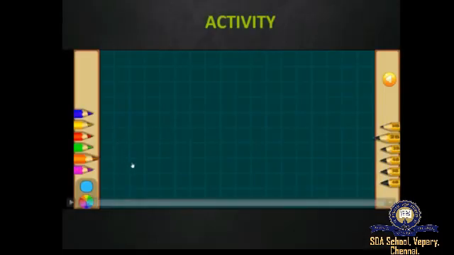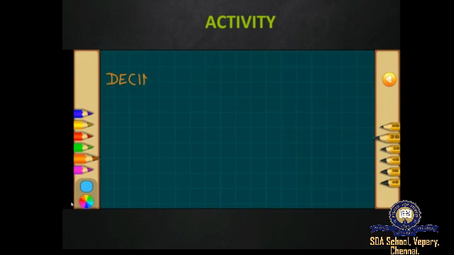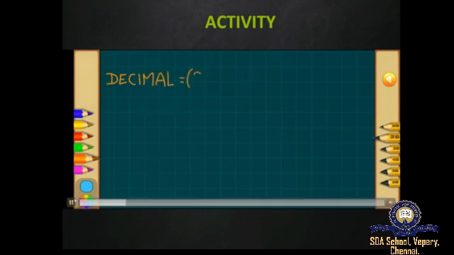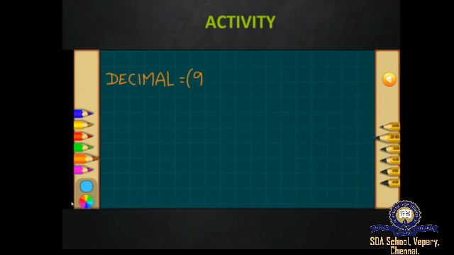Now, let's start from the decimal number system. In decimal, we have 10 different digits, that is from 0 to 9. So we are to use only the digits from 0 to 9.